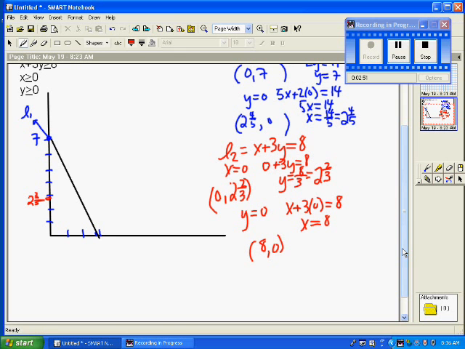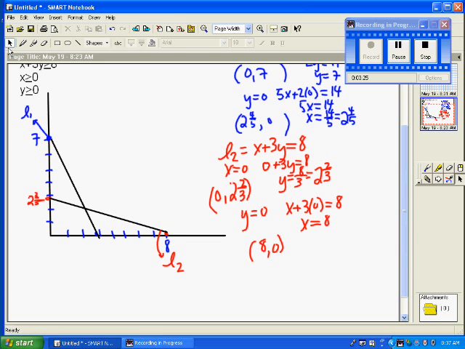And down here I've got 8: 3, 4, 5, 6, 7, 8. We'll label that. That's (8, 0). And then I'll just go ahead and connect those two this way. And I'm going to be sure to label this as line number 2.